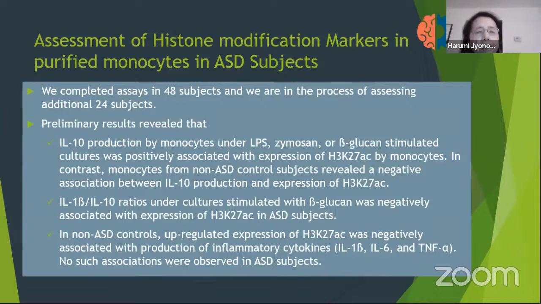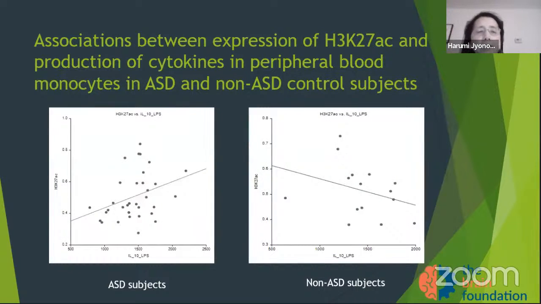So at least in the preliminary data, those epigenetic regulation markers for trained immunity seem different in ASD patients as compared to non-ASD controls. There are not so many patients because it's still very preliminary, but non-ASD patients appear to have a negative association between IL-10 production and H3K27AC expression. Essentially, the higher the expression, the lower the IL-10 production.